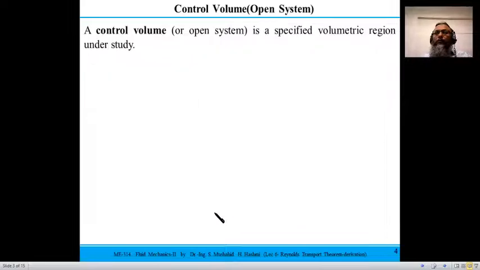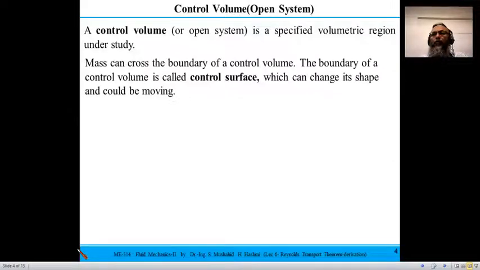In contrast, if we look at an open system, open system means mass can come in, mass can leave. So what we are actually focusing on or have under study is a spatial, volumetric region, and every time some mass is coming in, some mass is leaving this region of interest.